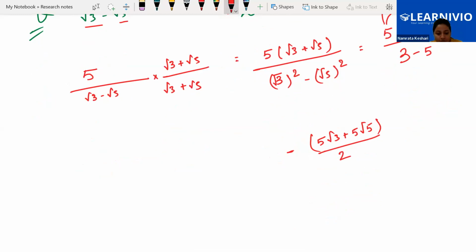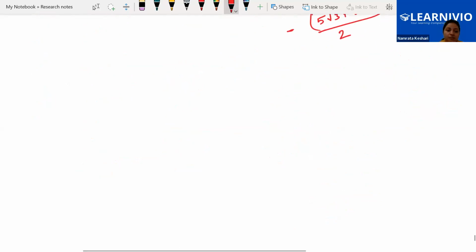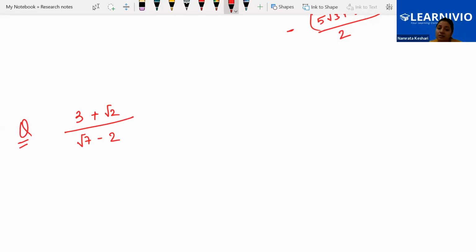A few questions you will see can also be like this one: 3 plus root 2 by root 7 minus 2. You can also see this type of question. This is also a type 2 problem only.